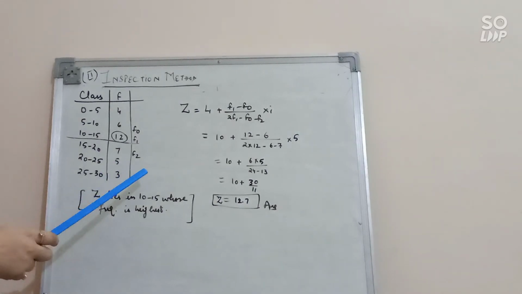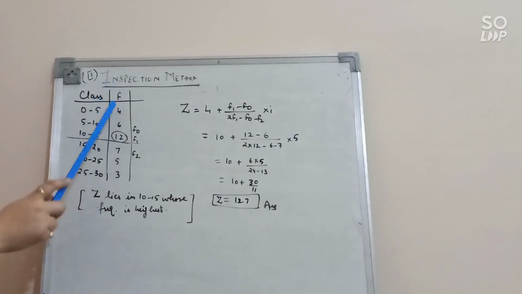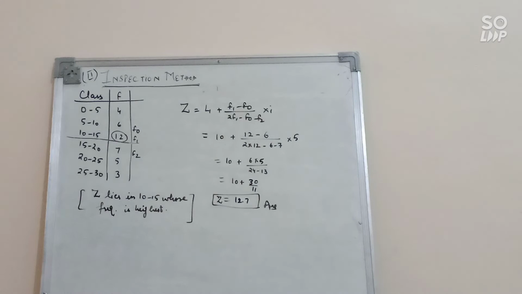Obviously inspection method is easier than the grouping method, but if you want to use this method, there is one condition. The condition is you will check the highest value and second highest frequency, 12 and 7. The gap between the highest and second highest frequency should be 5 or more than 5. Only then you can use inspection method.